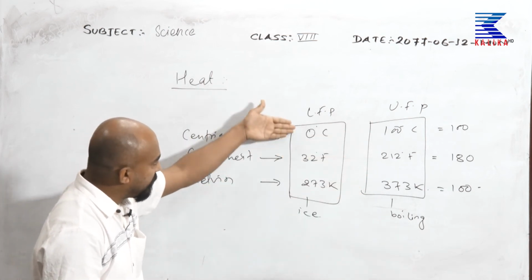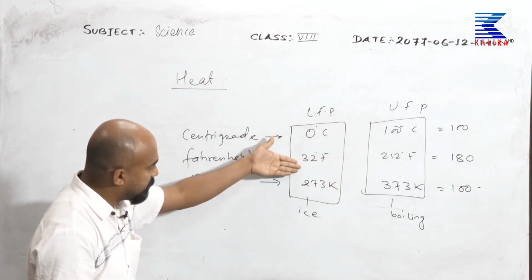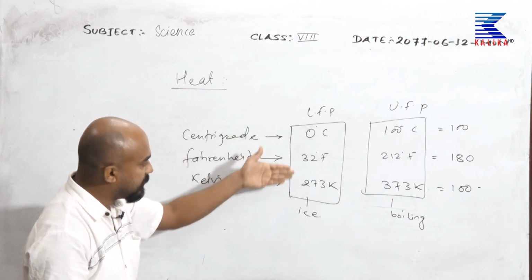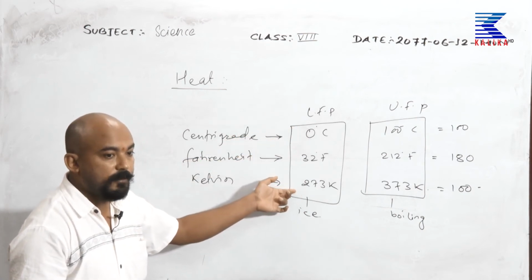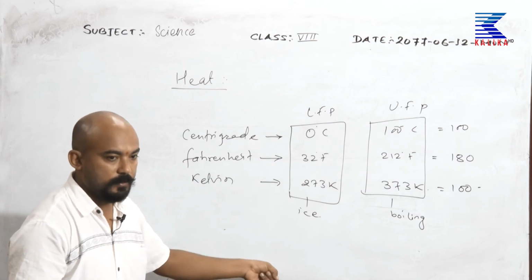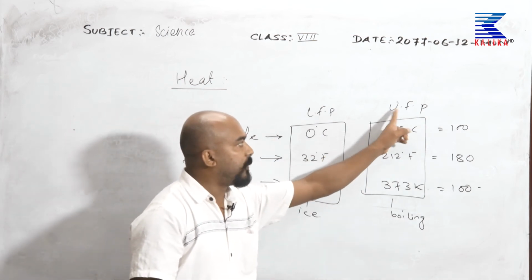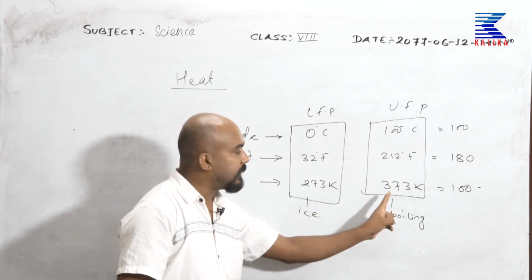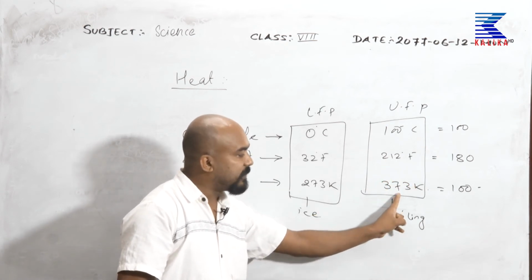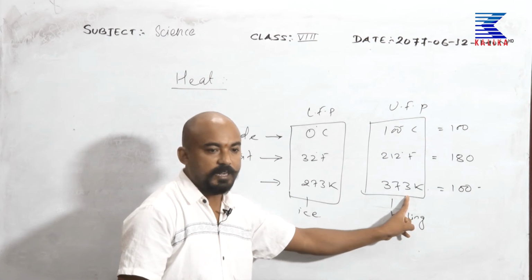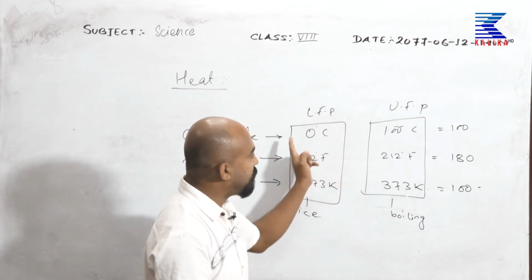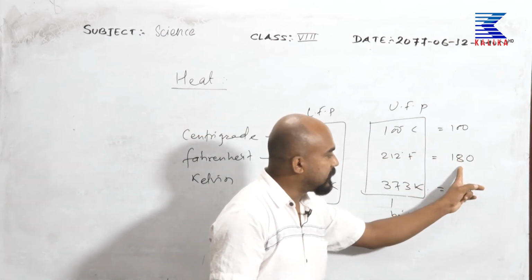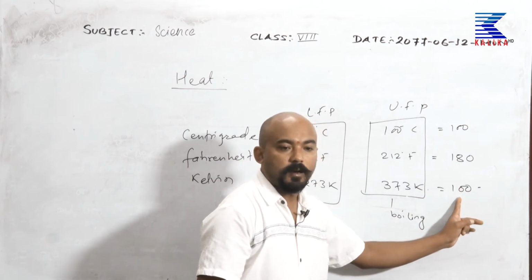For lower fixed point, 0 degree Celsius, 32 degree Fahrenheit and 273 Kelvin are equal. Similarly, upper fixed point, that is 100 degree Celsius, 212 degree Fahrenheit and 373 Kelvin are equal. So, their differences are 100, 180 and 100.